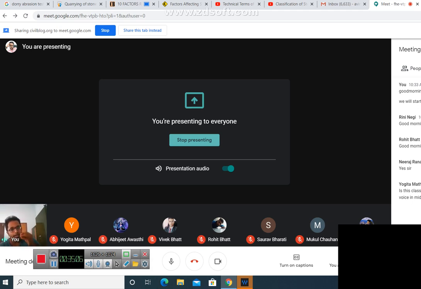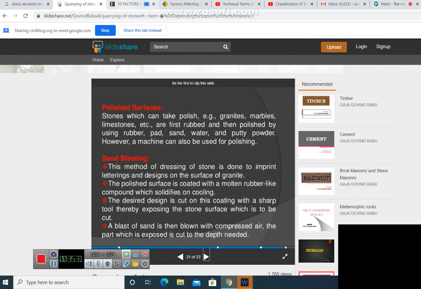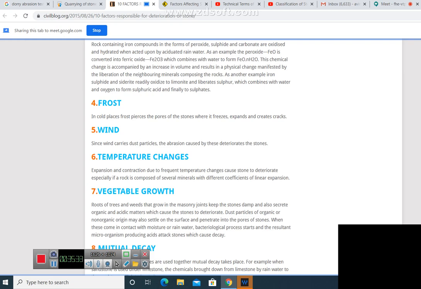Rainwater will enter into the fissures, and once there is a very low temperature, the rainwater in the cracks will solidify and form ice. Once the ice is formed, it will occupy a greater volume than the water volume. That is known as frost action. Frost action is another important factor which causes the deterioration of rock.